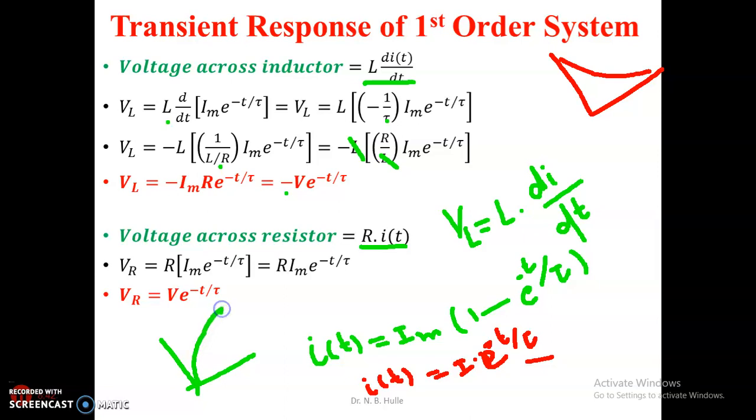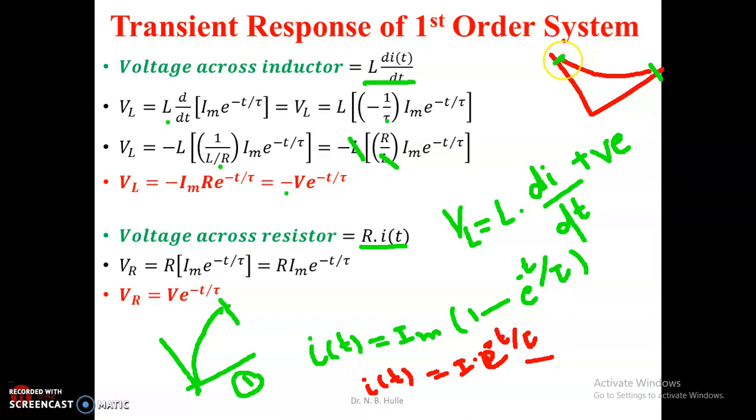Now if we find the di in the source driven case, it is the final value minus the initial value. The final value is larger and the initial value is 0, so di will be positive. That's why the voltage developed across the inductor will be positive. Similarly, for the other graph, here is the initial value and here is the final value.